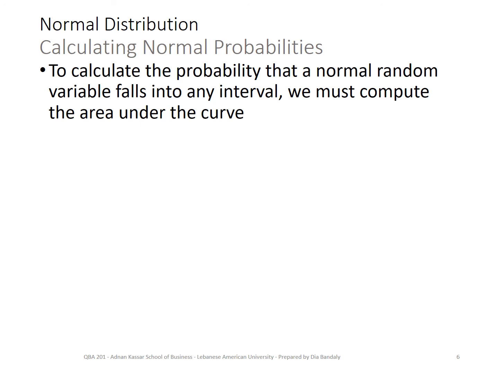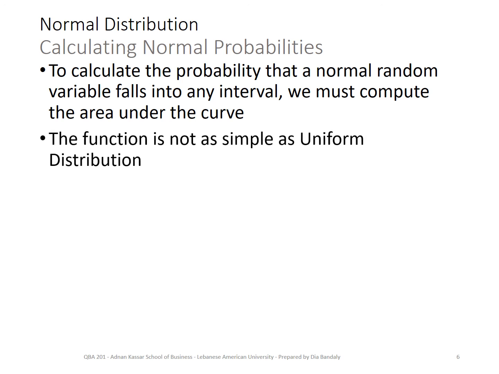In order to find the areas under the curve, it would be very complex to use that function, because it's not as simple as the uniform distribution. So we're not going to follow the same procedure that we used in the example of a uniform distribution. Instead, we're going to use a probability table. It's a table that, for specific values of x, shows the corresponding area.